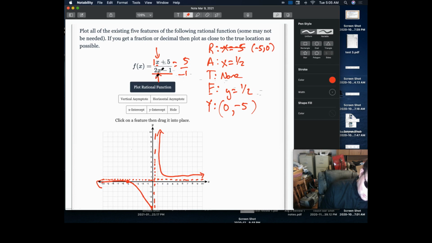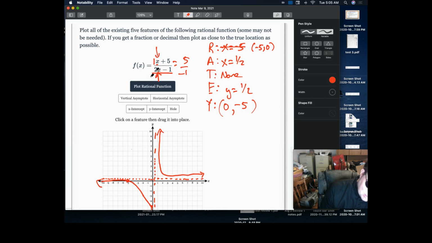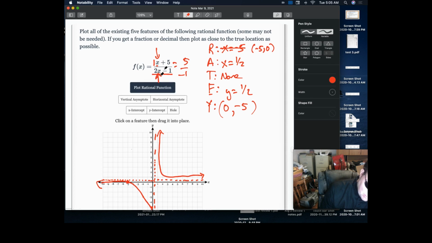This wouldn't be true, but we've already determined that. We're saying to the right of that, right? Pun intended, sort of. So for values greater than 1/2, 2x is greater than 1, so a number greater than 1 minus 1 is going to be greater than 0. In the numerator, it doesn't matter what it is, because positive plus positive is positive, so you're going to live in the positive realm.